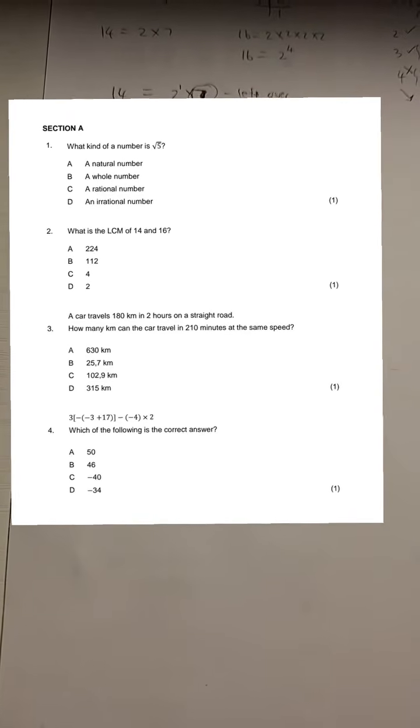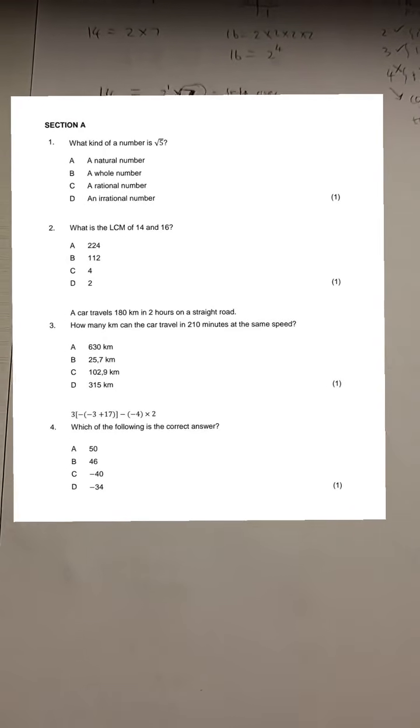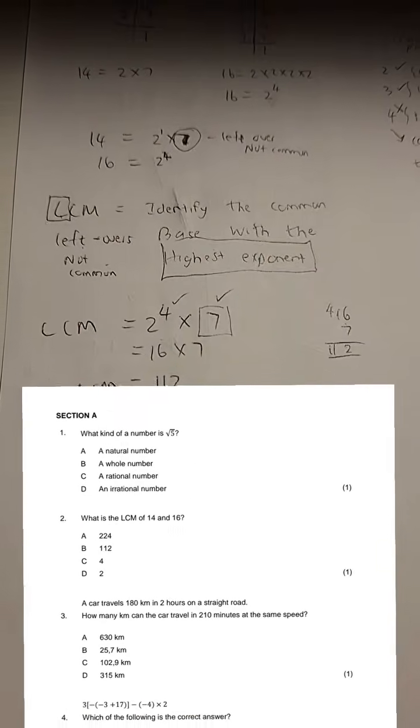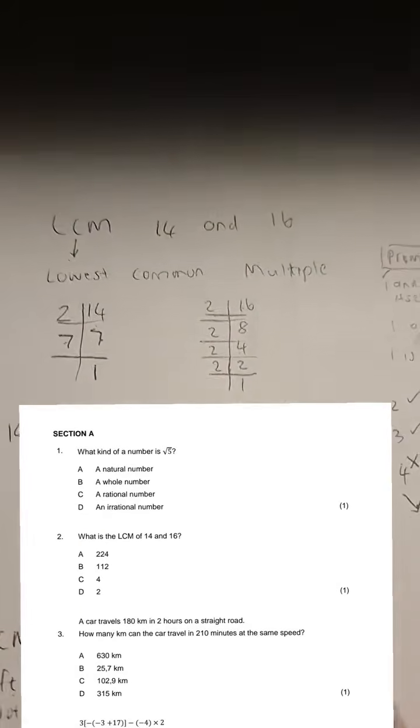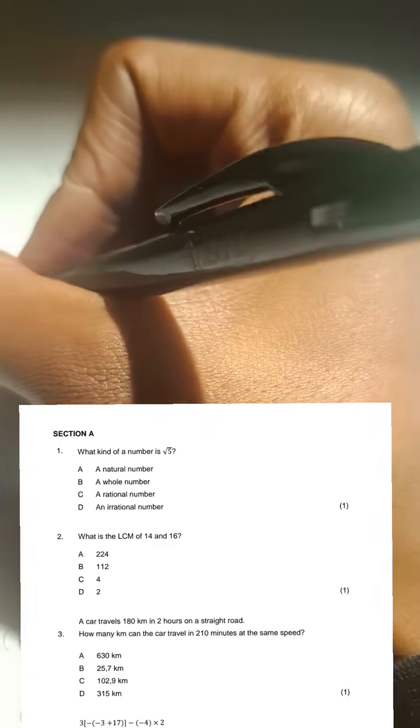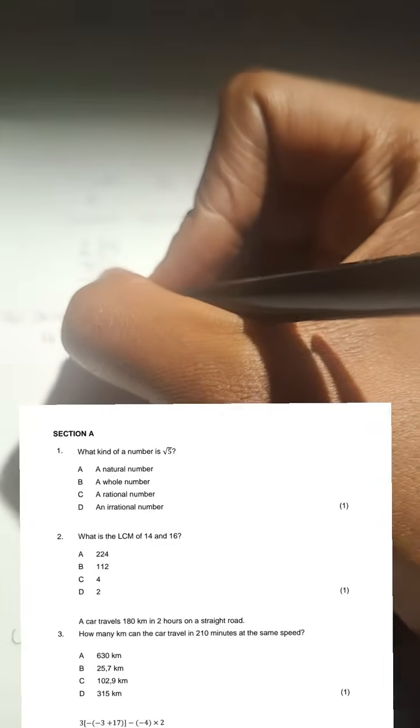Let's go to our multiple choice. What is the LCM of 14 and 16? Guys, I've just worked it out. Okay, now I'm sure you guys know that you can actually get the product of factors using your calculator.